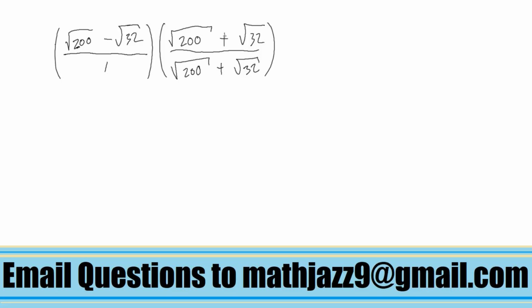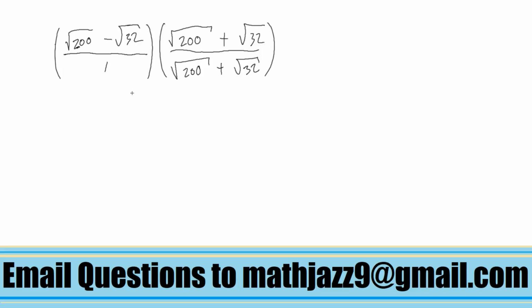And since this fraction is something divided by itself, this fraction's total value is 1. Multiplying by 1 doesn't change the value of something. So I am not changing the value of my original expression, which is square root 200 minus square root 32. So I can do all of this manipulation so far without changing the value of what I'm looking at.